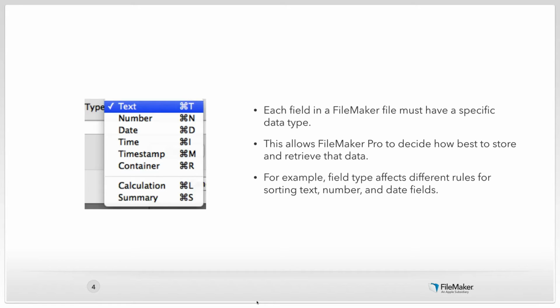Every field in a FileMaker database must have a specific data type, which you can see there on the left. Either text, number, date, time, or timestamp, which is a combination of date and time, so it stamps exactly when it was. A container is a fabulous little field type that does what it says on the tin. It contains things: documents, PDFs, videos.